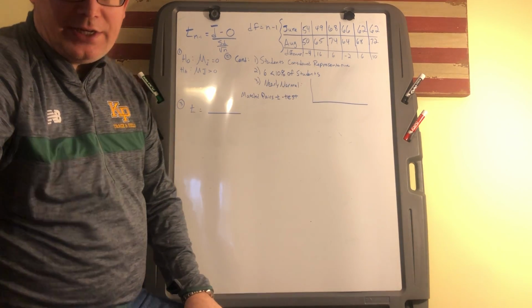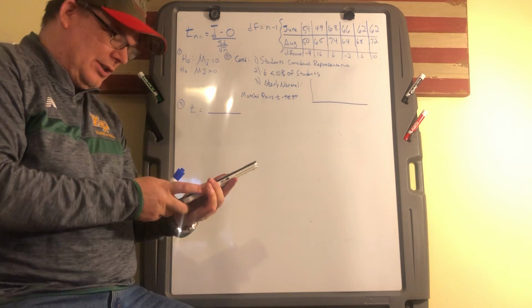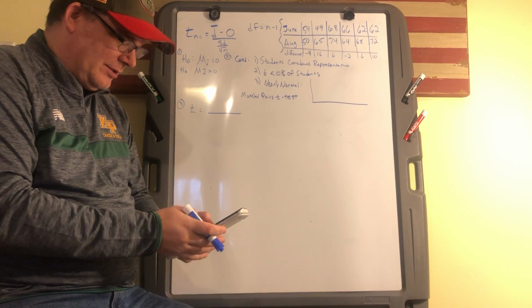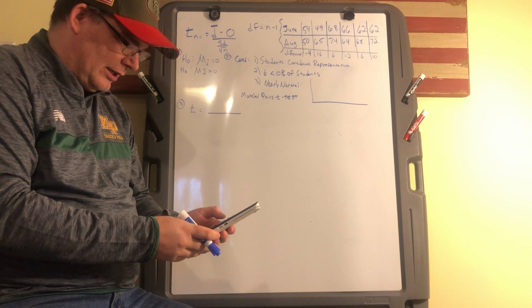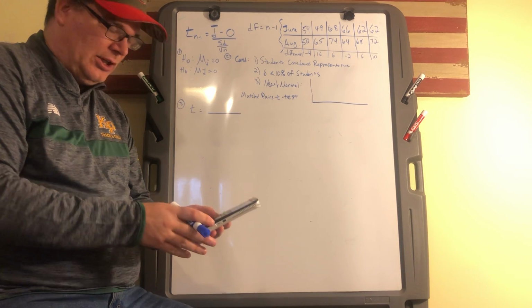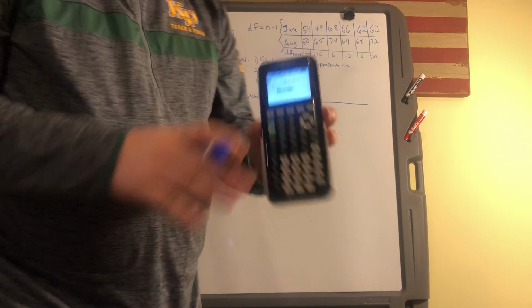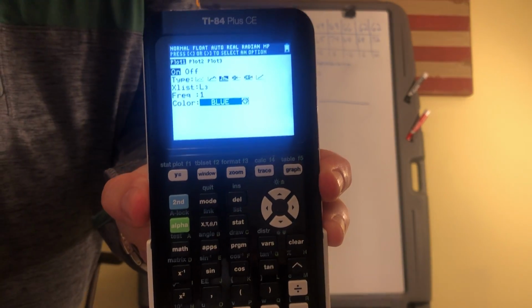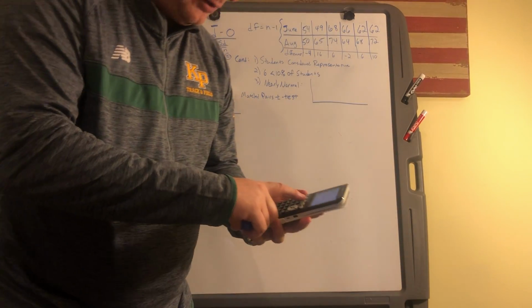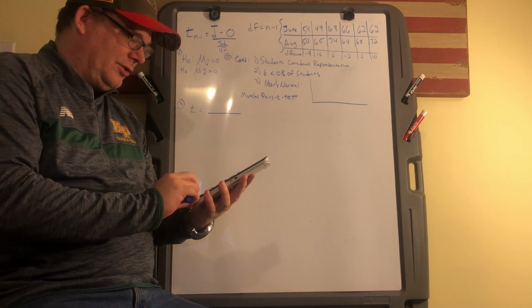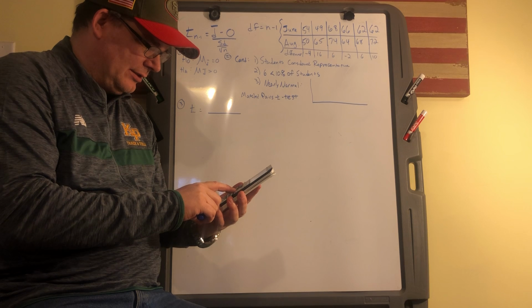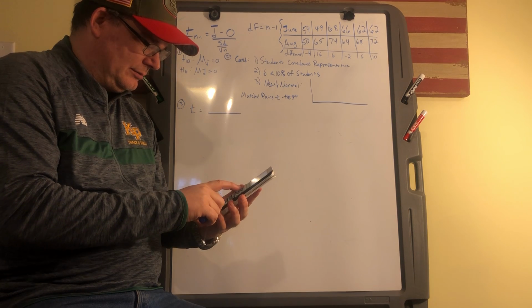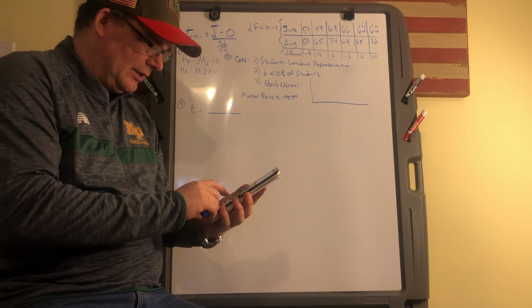And then we want to check the nearly normal condition. To do that, we need to make a histogram. Since we are working from list 3, that's what I'm going to do the histogram of. So I'm going to hit zoom 9 here. I'm going to change the window a little bit. Didn't like that.